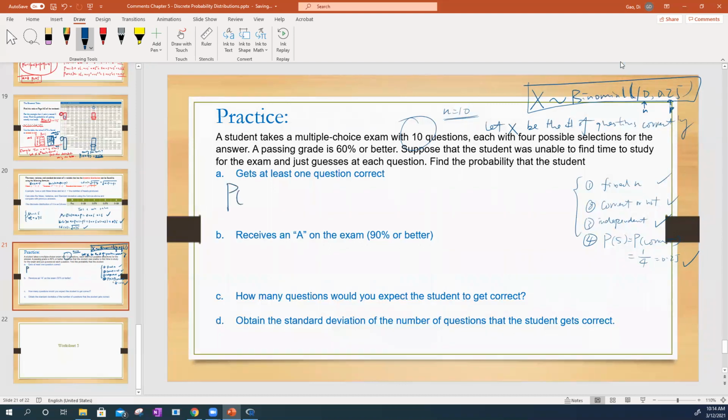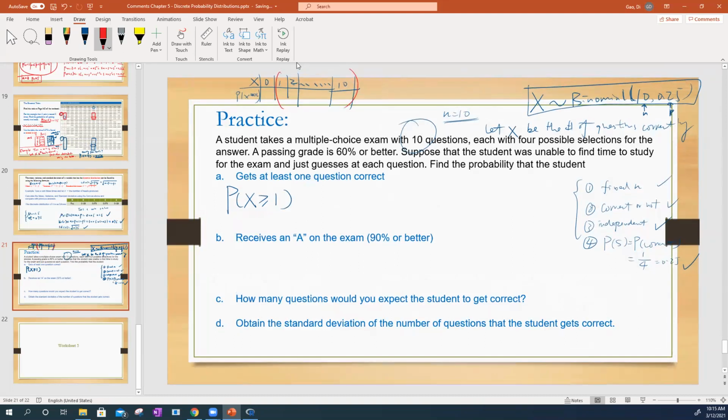Okay, so got at least 1 question correct. In stat notation, that is the probability of x more than or equal to 1, right? Because x can take 0, 1, 2, 3, 4, 5, 6, 7, 8, 9, 10. At least 1 question correct, so that's from here to here.